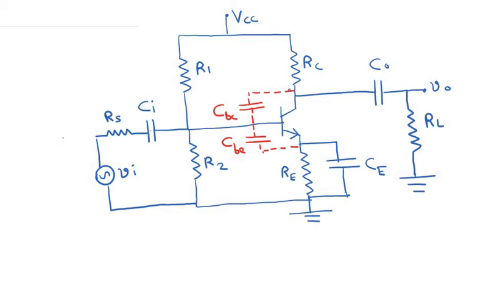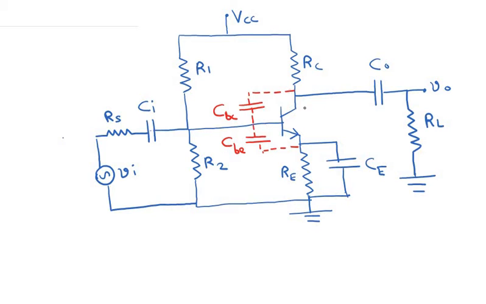Now note that CBE and CBC, the base to emitter junction capacitance and the base to collector junction capacitance, are not externally connected capacitors. These are the capacitances of the transistor at the two junctions itself.